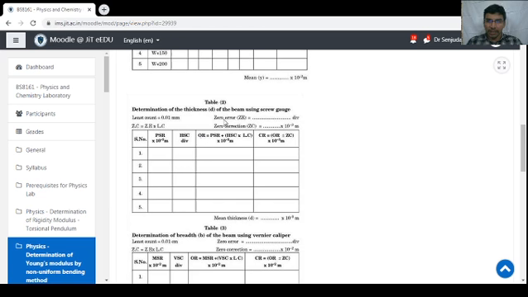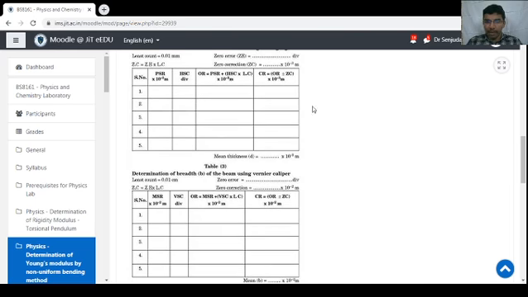If you are using a screw gauge, you can measure the thickness. Initially you have to measure the pitch scale reading, then the head scale coincidence, and the observed reading. But in our experiment, thickness as well as breadth, both values are fixed in the virtual lab.